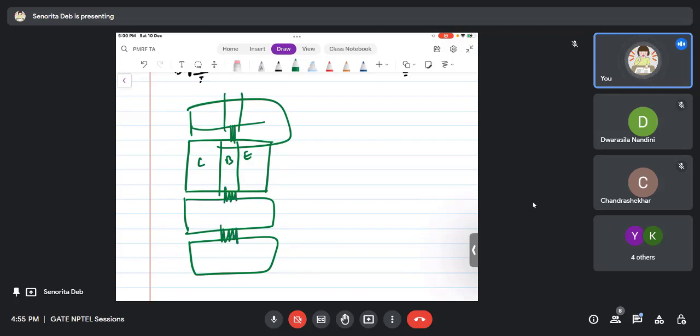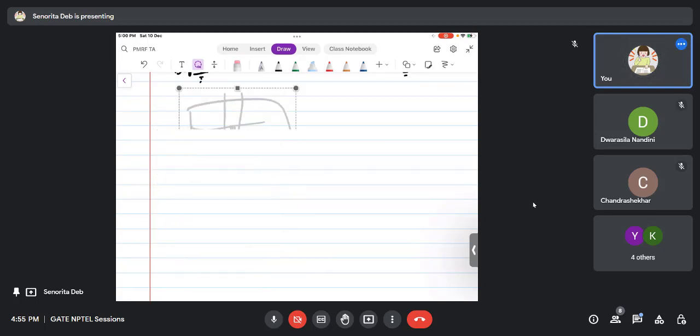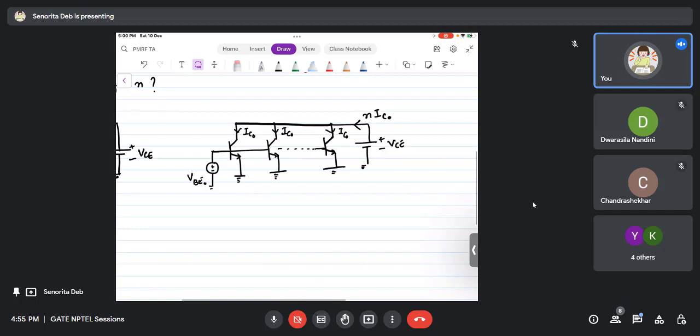So for increasing, they connect multiple transistors in parallel like this. This is what is done in the question also. You see all the emitters are connected to ground, a common connection. All collectors are connected together, all bases connected together. So n BJTs are connected in parallel.